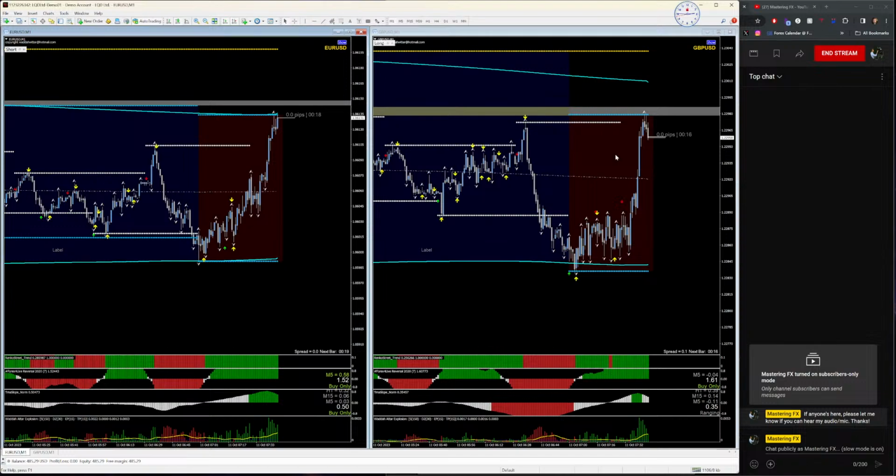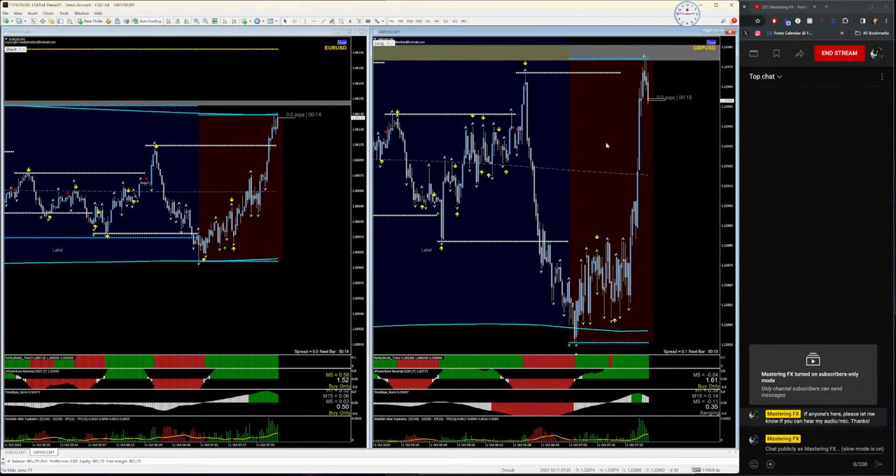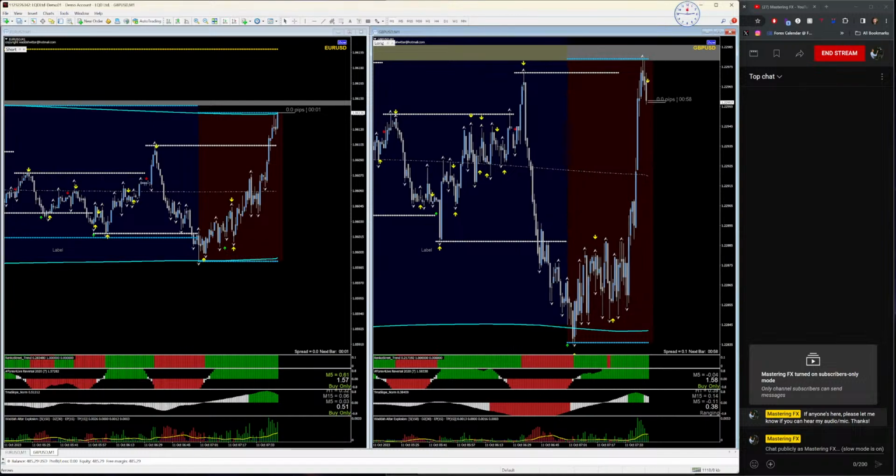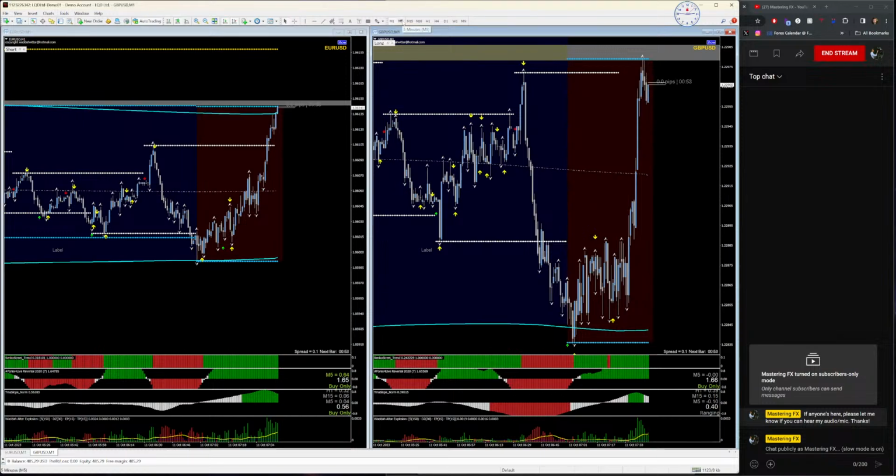Yeah, that's gone. That's the only downside, that even though it says non-repaint arrow, it does repaint as well. But when you switch time frames and go back, because we did have a red arrow here before, that's why I did this. So it went up to 5 minutes, went back to the 1 minute, and now the arrow is gone because price went higher.